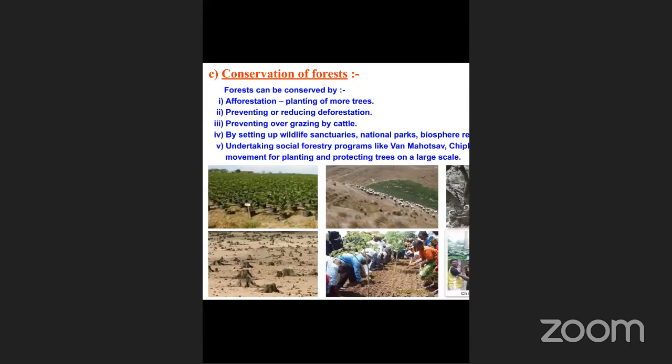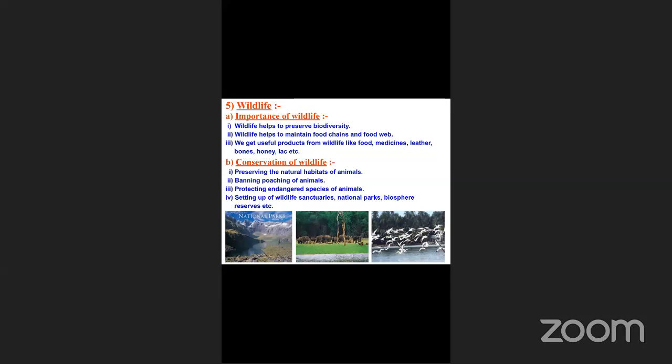Now we'll see wildlife, another natural resource. It's also a very important natural resource, wildlife. Wildlife helps to preserve the biodiversity again. Wildlife helps to maintain the food chain and food web.